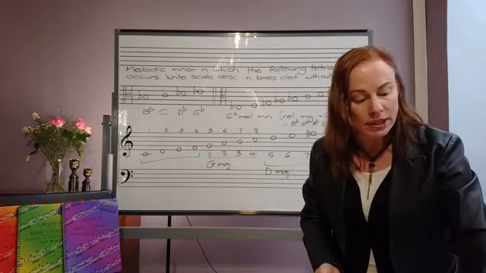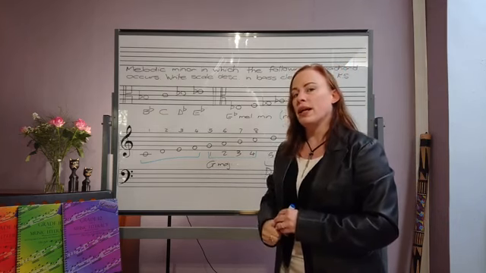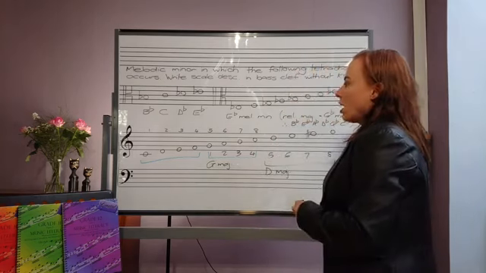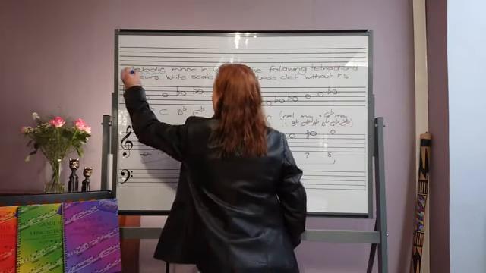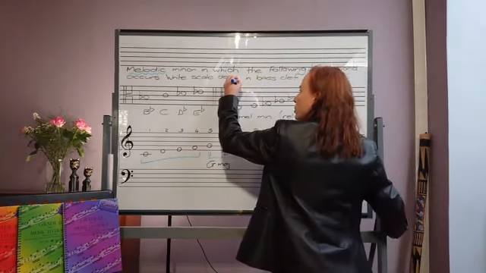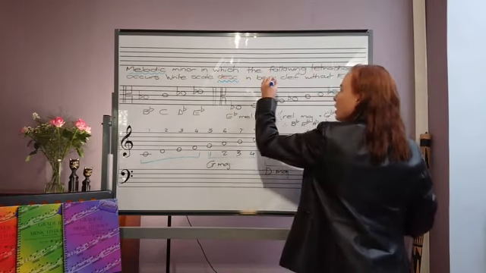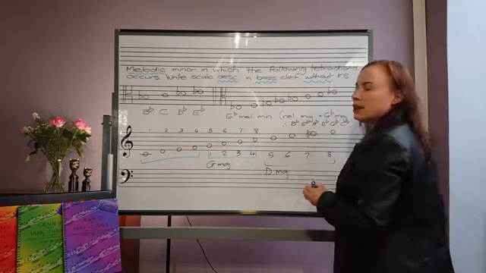Remember that you actually take note of every little instruction in that question. So we need to write a melodic minor in which the following tetrachord occurs. We're going to be writing descending in the bass clef without key signature.